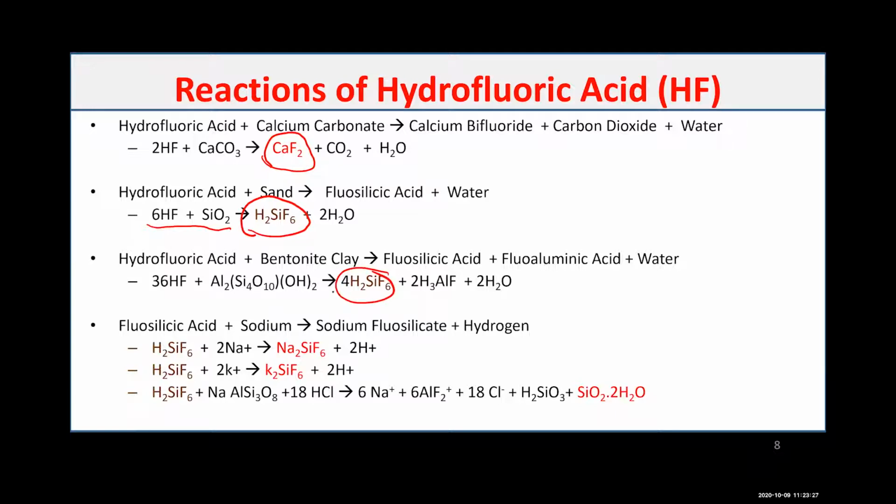And then we have what we call the secondary reaction, when the fluosilicic acid reacts with the clay, which has sodium, potassium, or aluminum. And that will be the source of the second precipitation. You will have a sodium fluosilicate or potassium fluosilicate, and this part will actually precipitate.